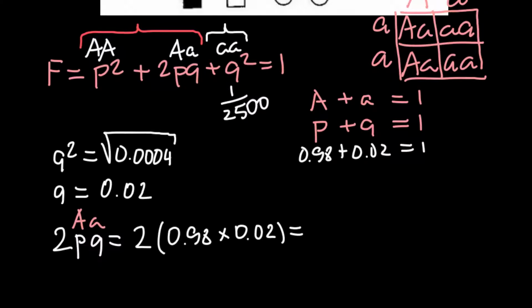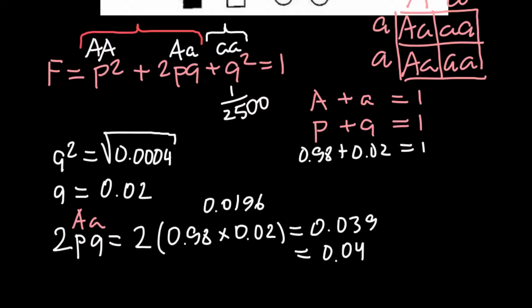So if we multiply these two numbers, we are going to get 0.0196, and now we have to multiply by 2, and we are going to get 0.039, or we can round this number, and this would equal 0.04.